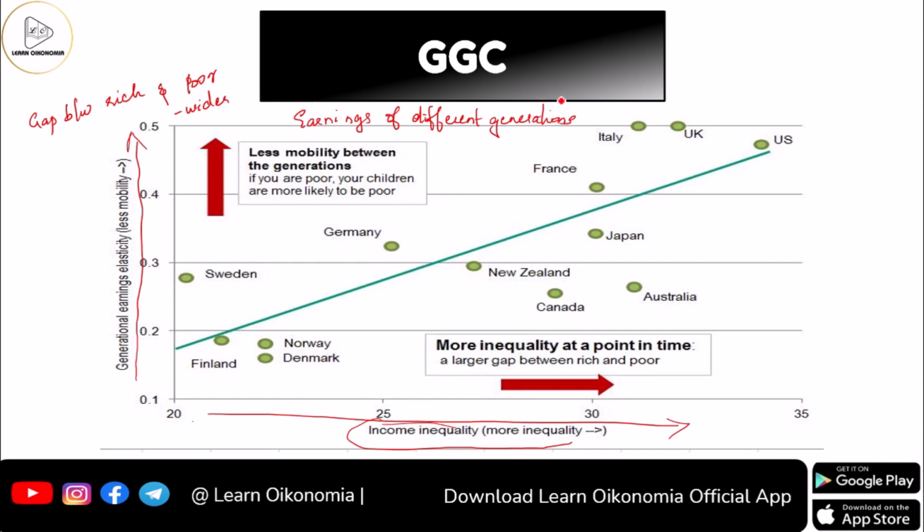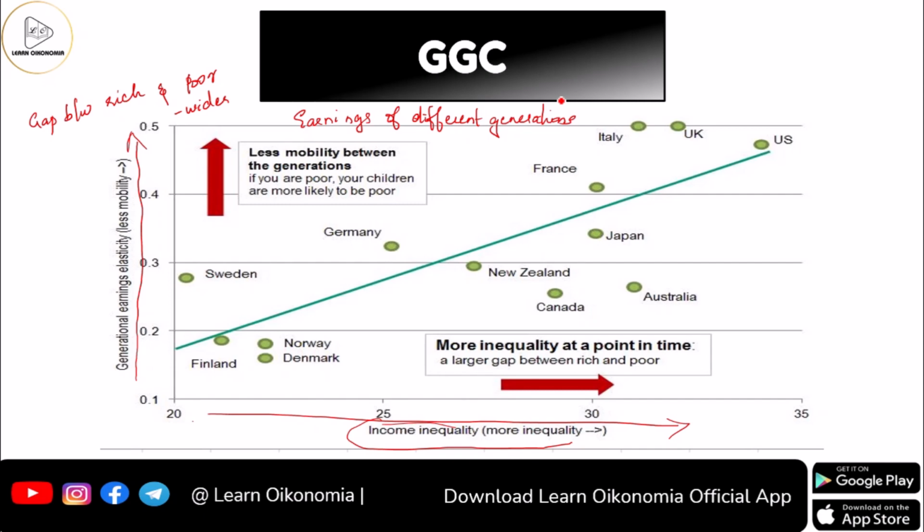The generation of your parents would be one generation. The generation where you fall is another generation, your parents' generation, your grandfather's generation. And your children's generation, that is how it goes.